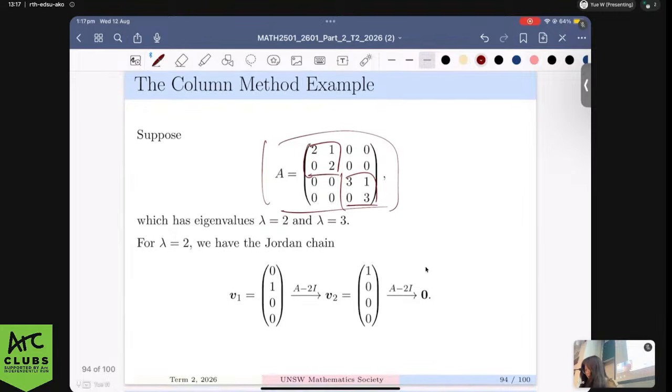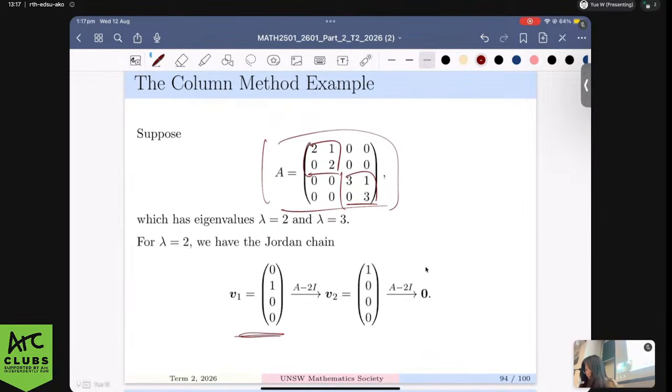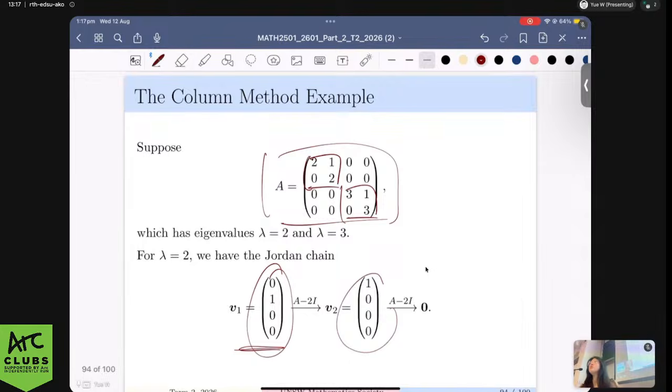For lambda equal to 2, we have this here. Basically what you have seen from before: you start with some random vector and you apply A minus 2I to the vector to get your v2. And because it's just a 2 by 2 block, you're going to terminate after the second one.